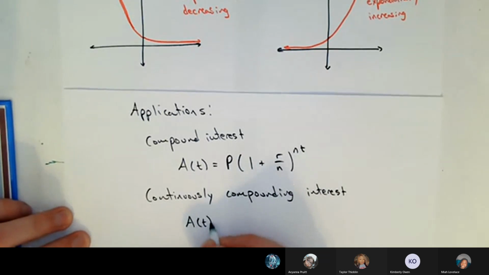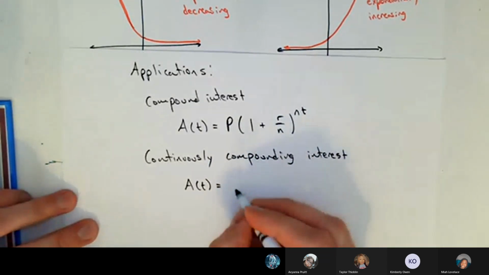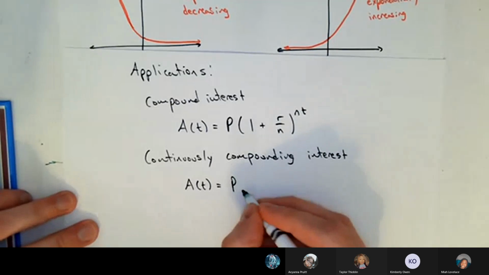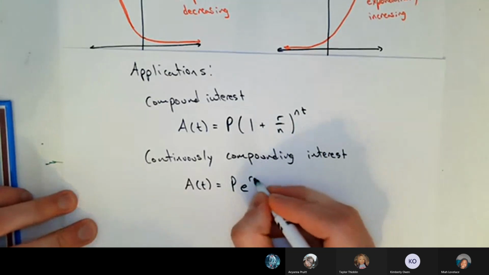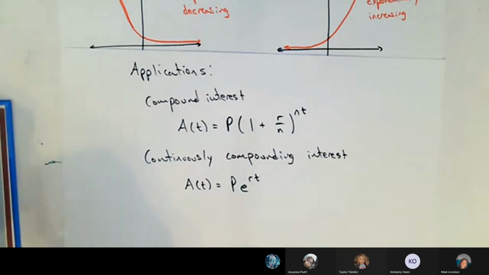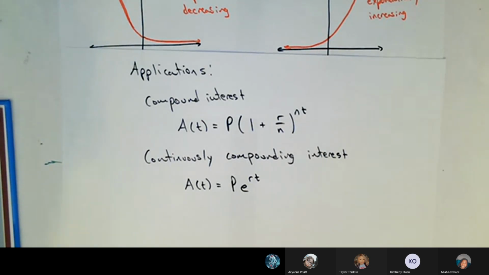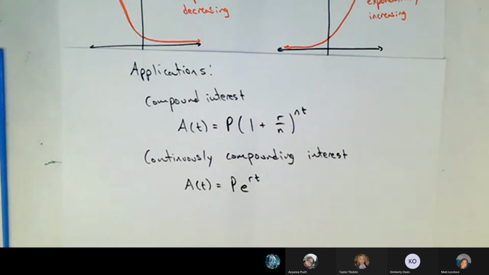We had A of t equals P, for the principal, the initial amount, times e, where e is that special irrational number, raised to the rt. Again, I'm not going to rehash that discussion because we've already talked about it.